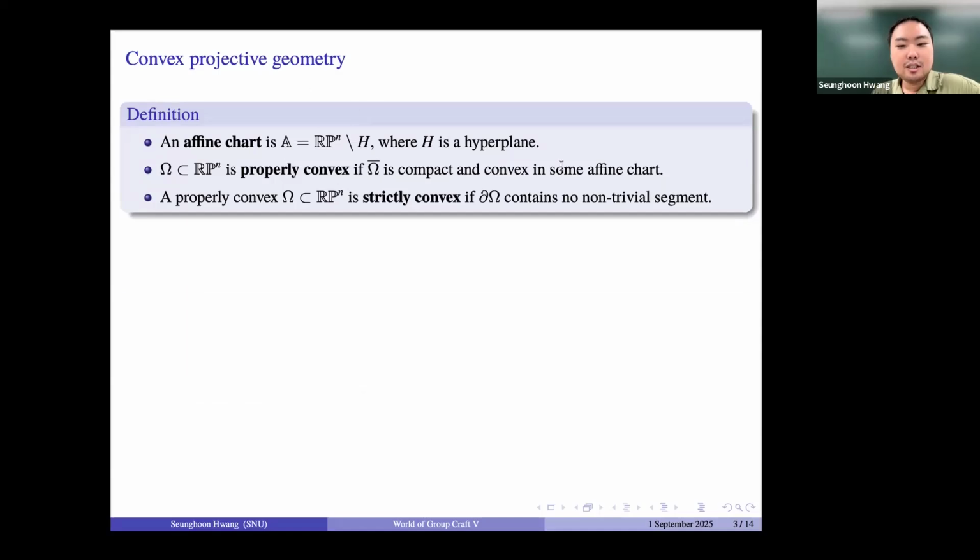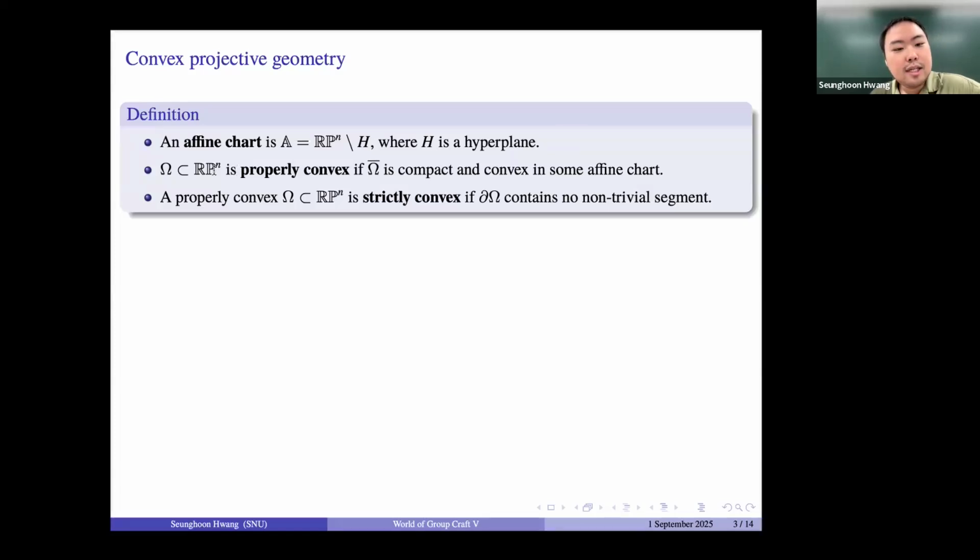So yes, this we already saw in the previous talk, but let's just quickly review. An affine chart is a subset of n-dimensional real projective space, and it's nothing but the complement of a hyperplane.